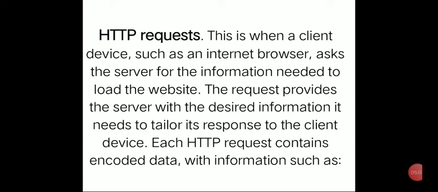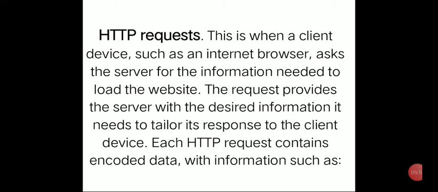HTTP request. This is when a client device such as an internet browser asks the server for the information needed to load the website. The request provides the server with the desired information it needs to tailor its response to the client device.